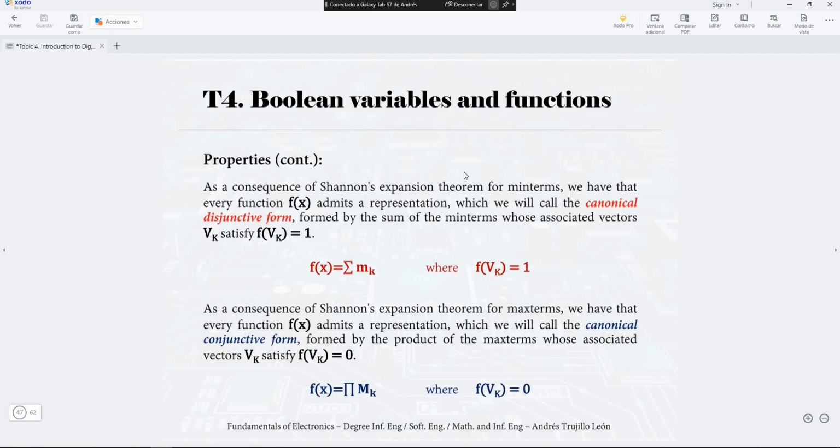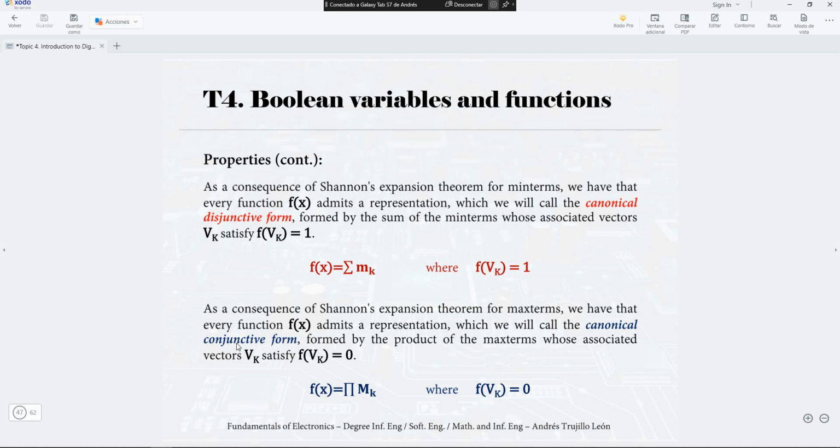Well, you have here the formal definition of the canonical disjunctive form and the canonical conjunctive form in red and blue, for the sum of product minterms and for the product of sum max terms. So the canonical disjunctive form is the sum of all the minterms for which the function is equal to 1.